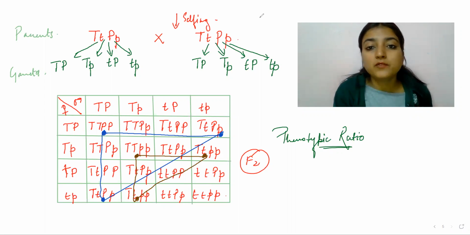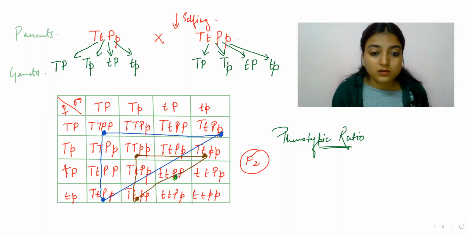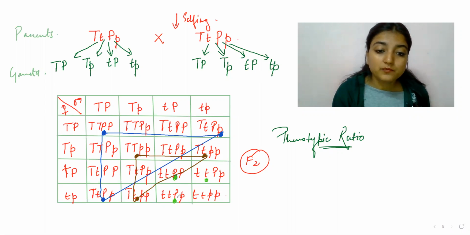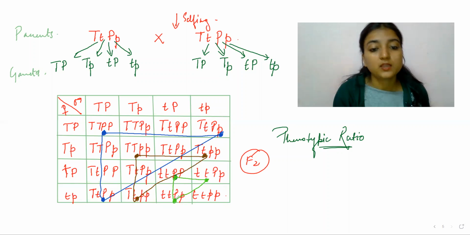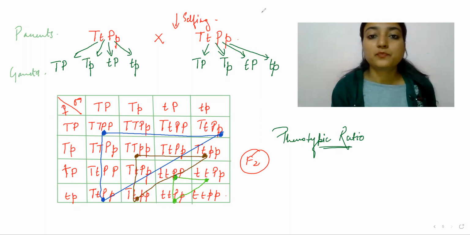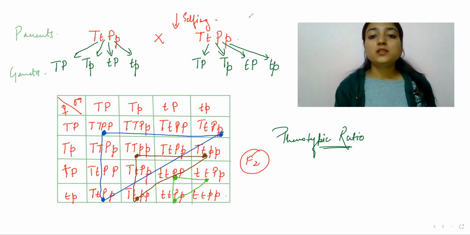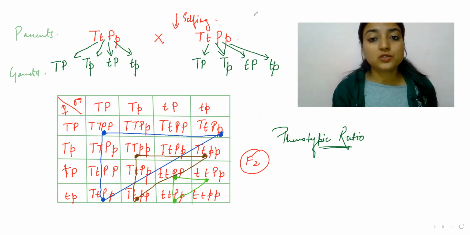Now with another color, just make 1, 2 and 3. Just join these 3 dots, and the last one is this. So now you can easily establish the phenotypic ratio of the dihybrid cross in the F2 generation.